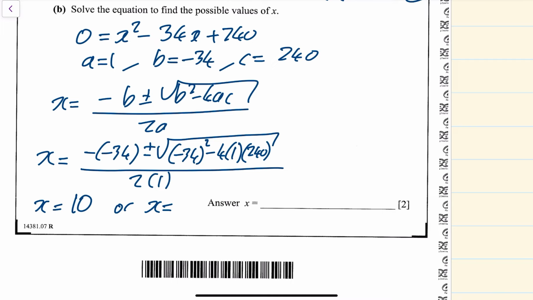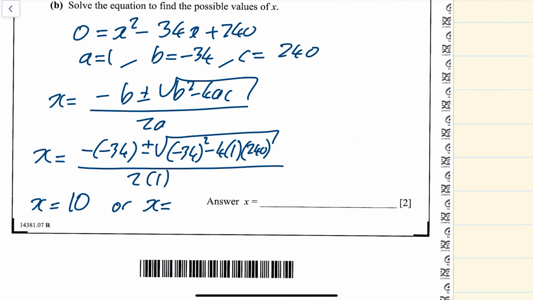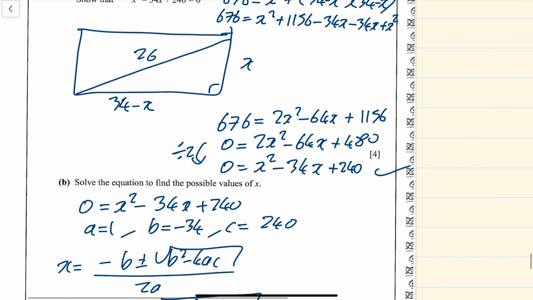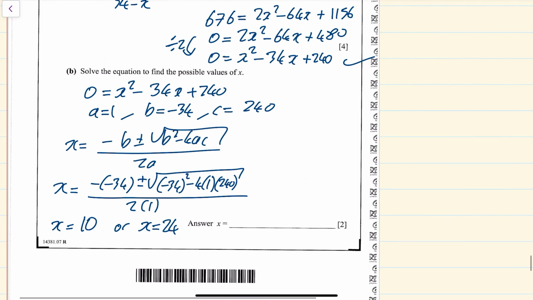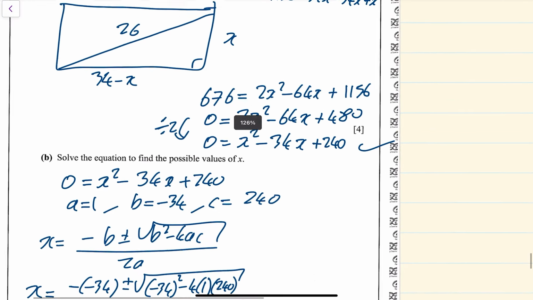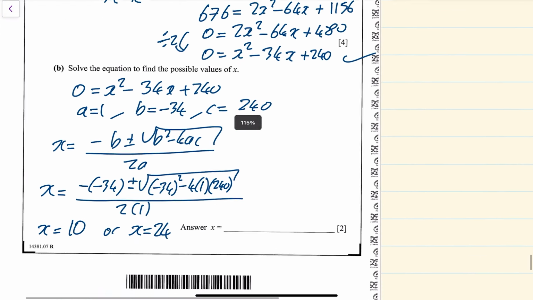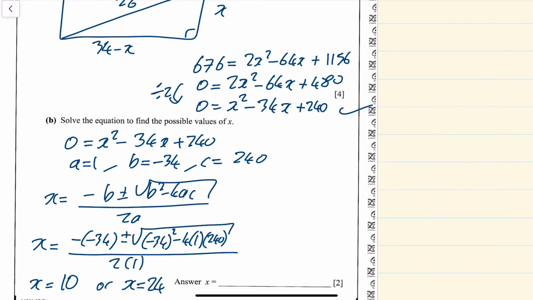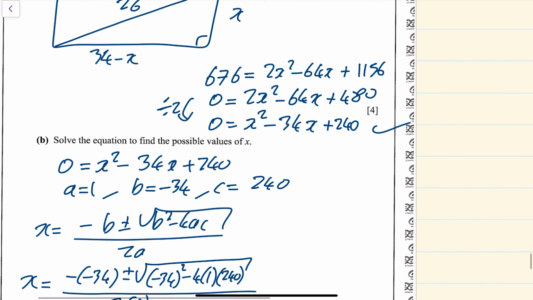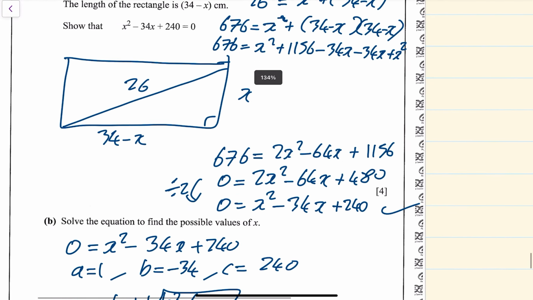Oops. Go back in to your calculator and delete the minus, change it to plus, and I would have had 24. So that must have factorized really nicely. I just wasn't going to see it there. Okay, I'm really stupid. I could have done that really easily. Anyway, right, we'll look at that in a wee second. Find the possible values, both of them work. You would look back at this and both of them are absolutely fine.